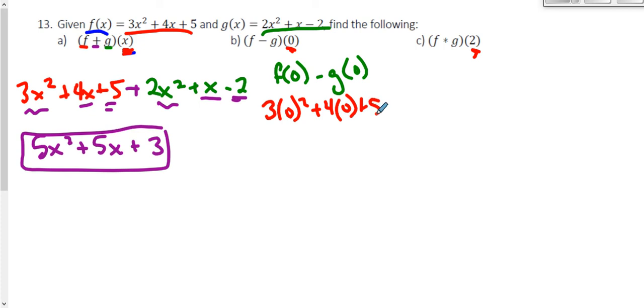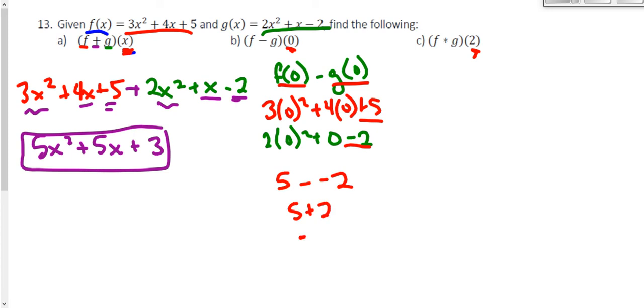For g of 0, I'm going to have 2 times 0 squared plus 0 minus 2. Again, everything here will cancel except the number minus 2. So for my f of 0 minus g of 0, all I have to do is my 5 minus this negative 2, which ends up being 5 plus positive 2, which is 7. And we have our final answer.